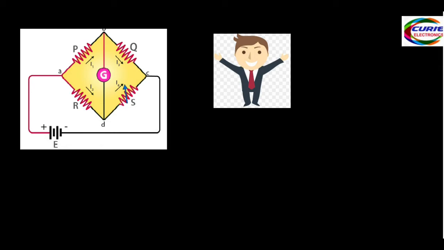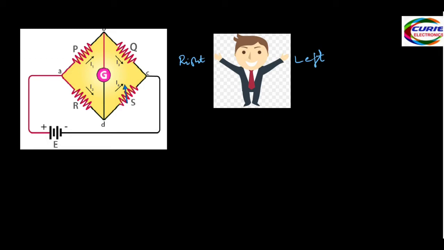See here, you can see one guy is standing here. You have to relate this guy to this diagram. Which is his right hand? This is his right hand. This is left. Now, how do you write?